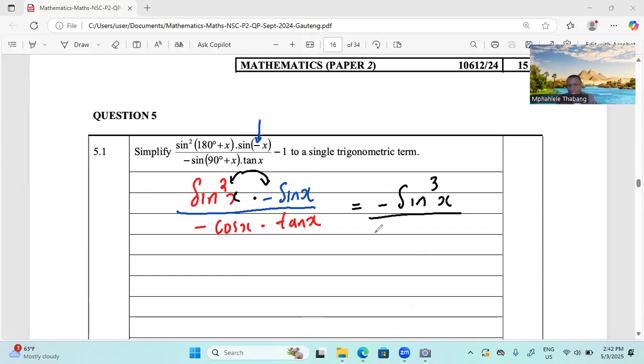Okay, in trigonometry, it's very important that when you see the trig ratio tan, you change it to sine over cos. We are using what we call a quotient identity. According to the quotient identity, tan is equal to sine over cos. So I'm going to say negative cos x, change tan, and say it's sine over cos.